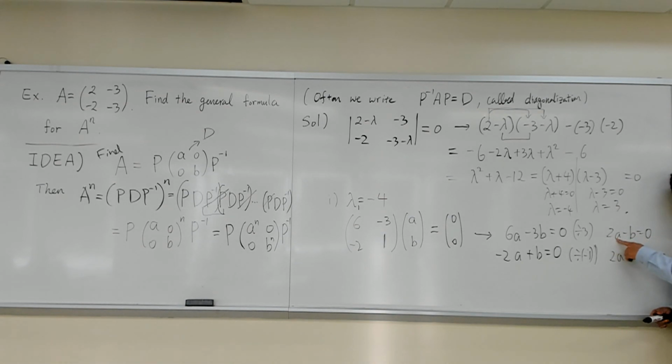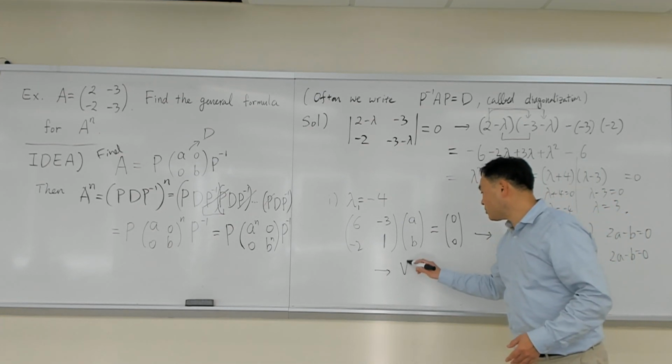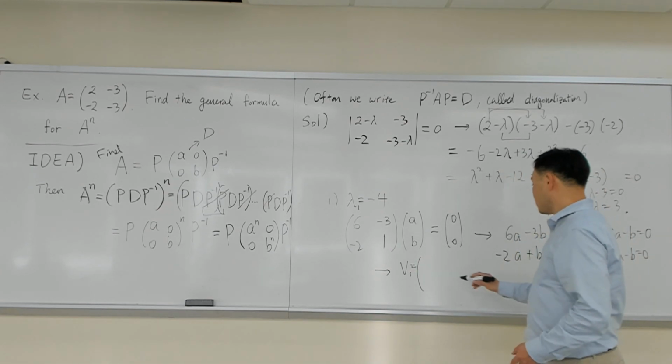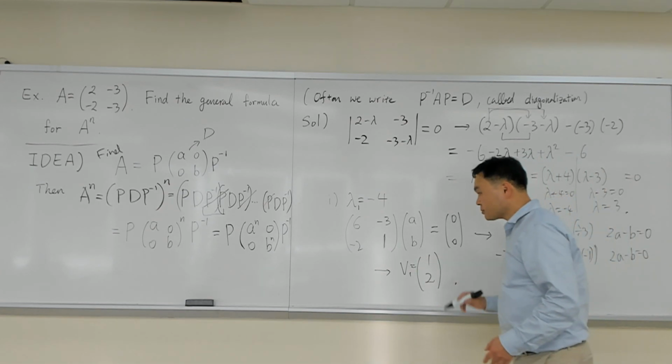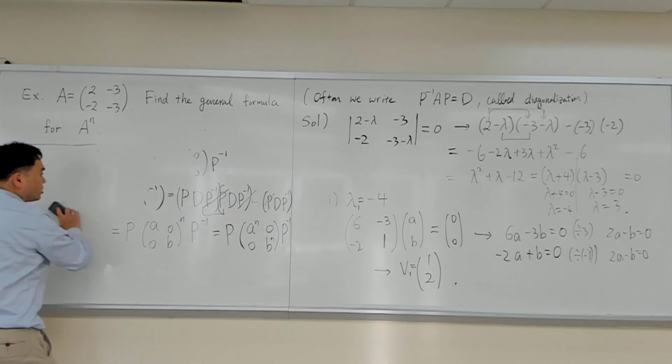You plug in 1 here, you plug in 2 here, you'll see that it indeed solves the equation, right? So you just need one solution. So that says that eigenvector 1 is 1 comma 2. Okay, let's continue with the second one.